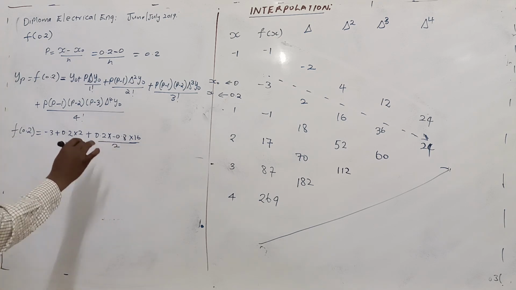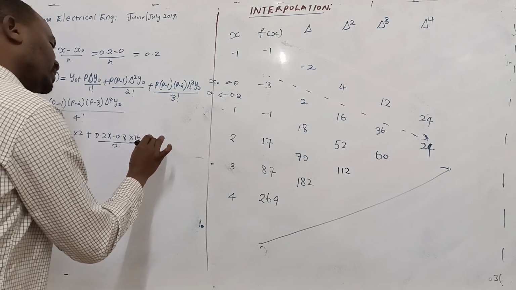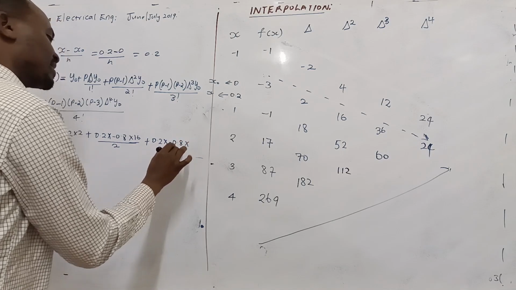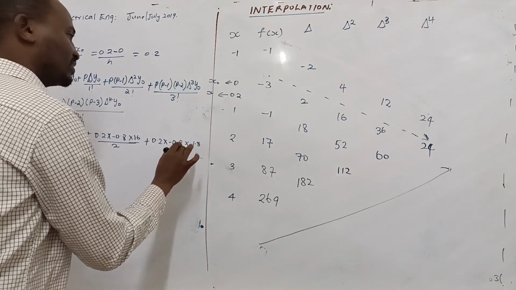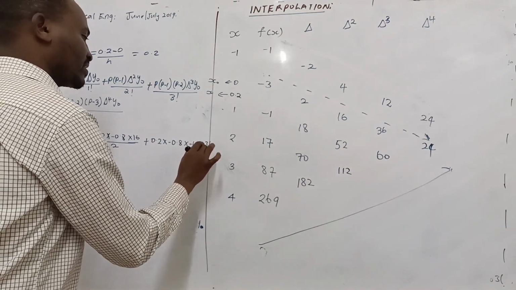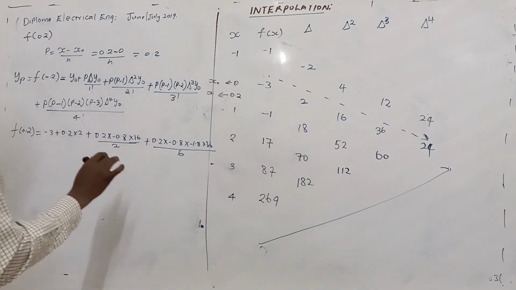2 factorial is 2, plus p, which is 0.2, times p minus 1, negative 0.8, times p minus 2, negative 1.8, times the third difference, which is 36, all over 3 factorial, which is 6.